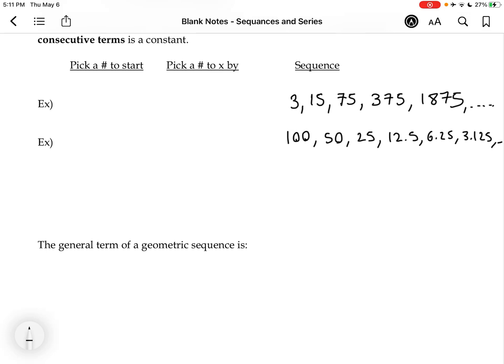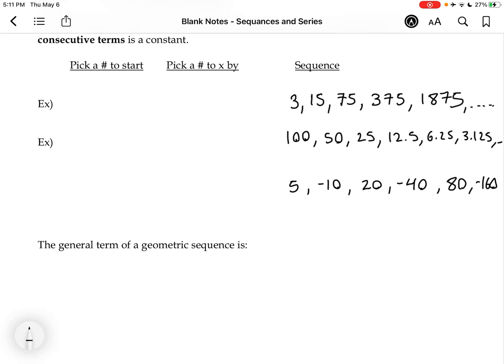Let's say I start at 5, and then my next number is -10, and then 20, and then -40, and then 80, and then -160. Okay, so you might actually be able to predict what's going on here.